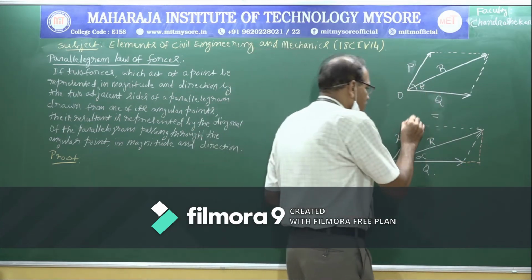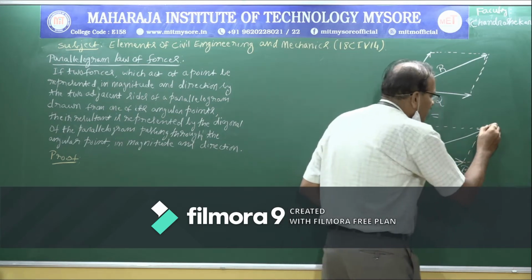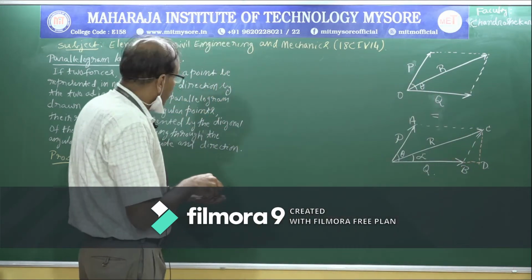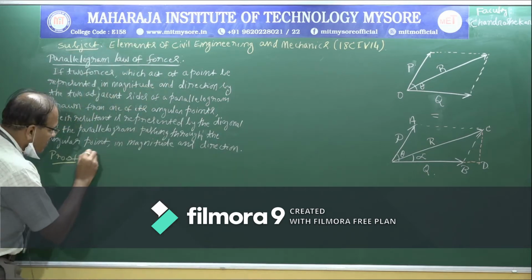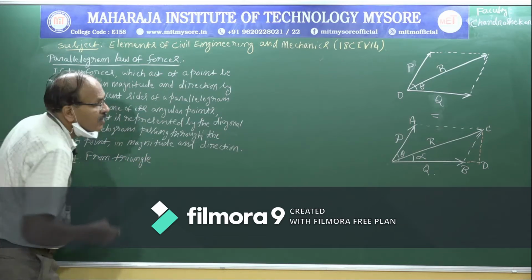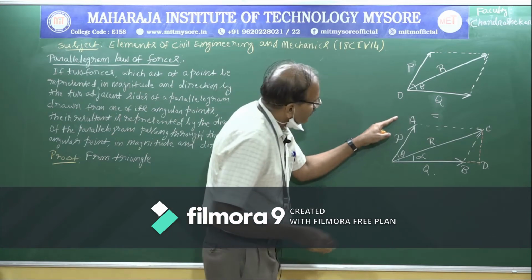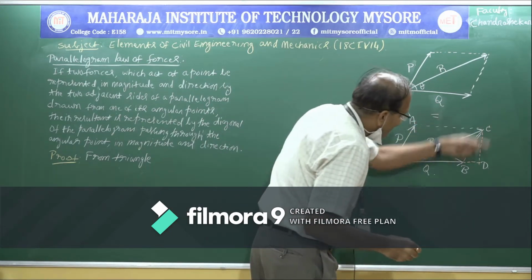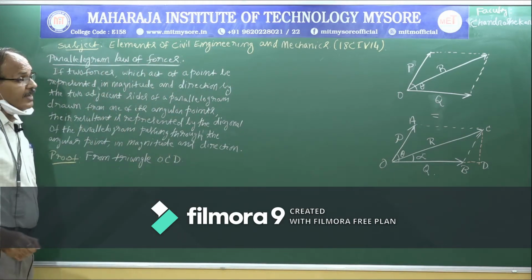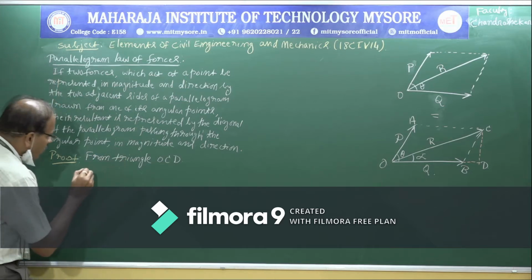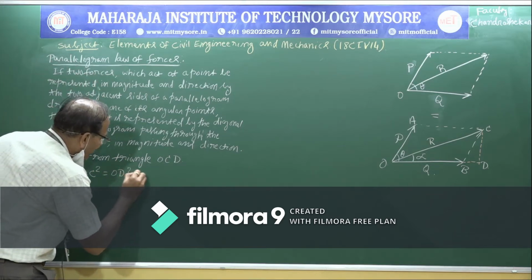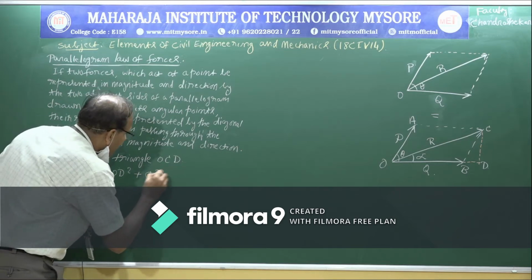I am going to call these points A, B, C and D. Now from triangle OCD, which is a right angle triangle, by applying Pythagoras theorem, OC square equal to OD square plus CD square.